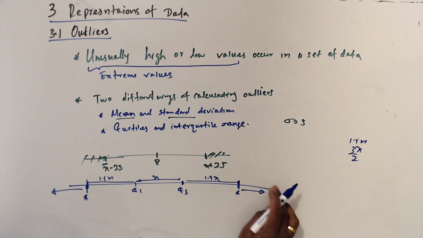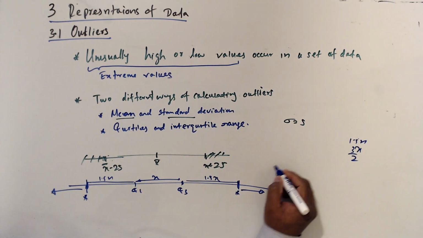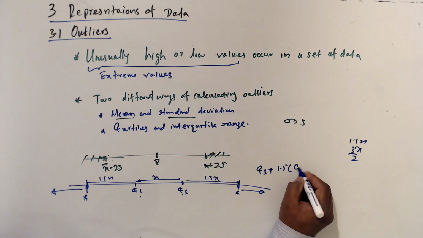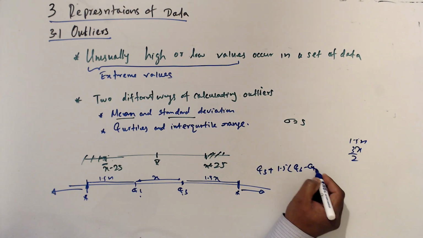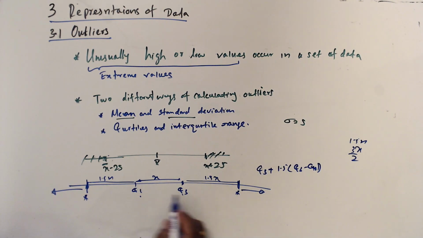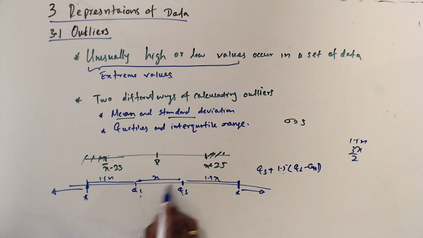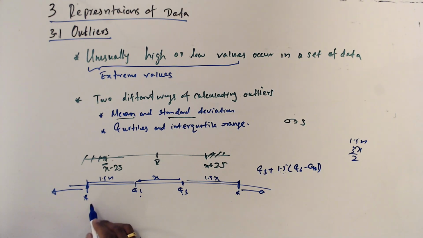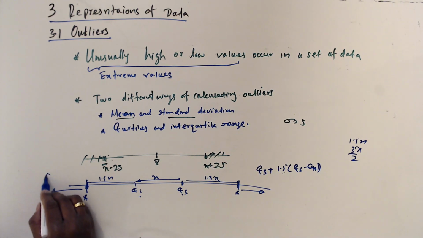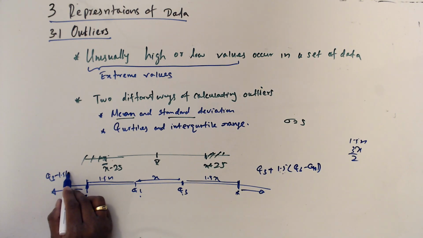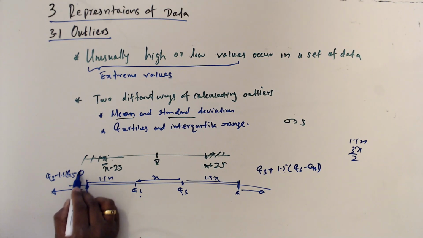Usually we write the upper bound as Q3 plus 1.5 times (Q3 minus Q1). It means for Q3, add 1.5 times this gap. And for the lower bound, Q1 minus 1.5 times (Q3 minus Q1).